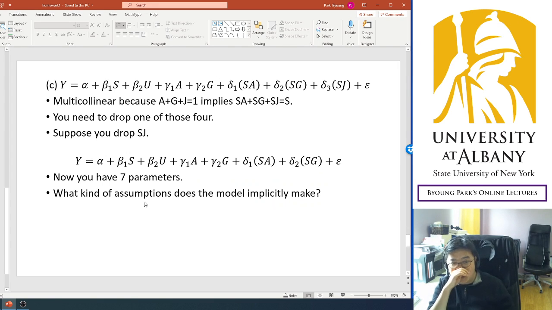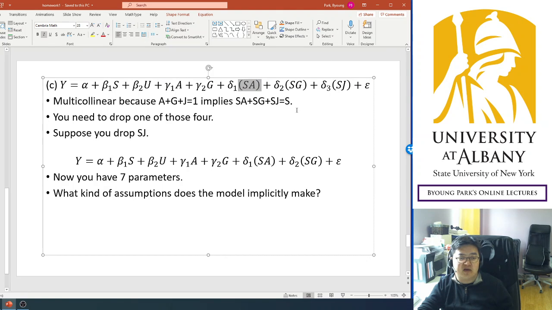Part C. Now we have interaction terms. There is multicollinearity coming from these 3. These 3 interaction terms always sum to this single dummy variable. So these 4 variables together cause the trouble, and you have to drop one of them. Suppose that we drop the last one. It's a long equation, but it works.